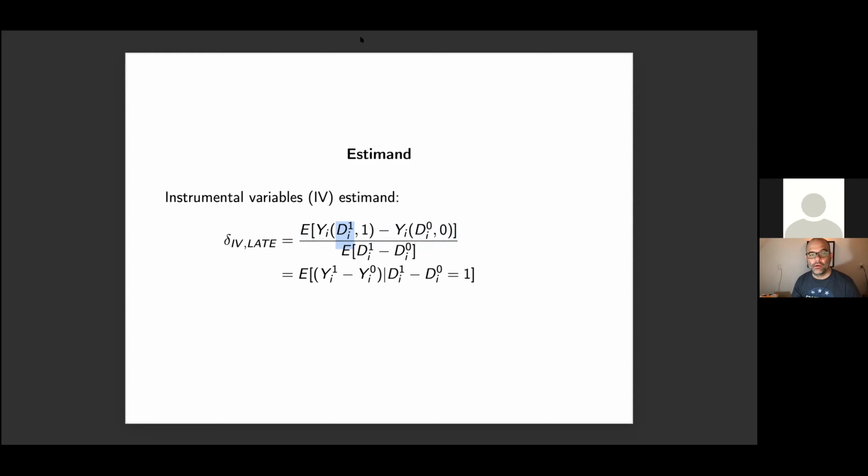So the numerator is showing that only the compliers are part of the numerator. Compliers are people whose treatment status changes with the instrument, but some people ignore the instrument entirely.